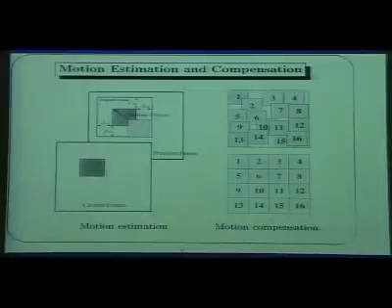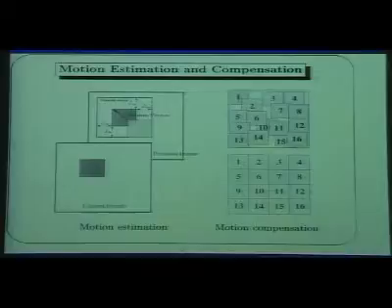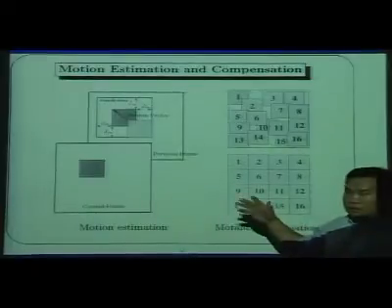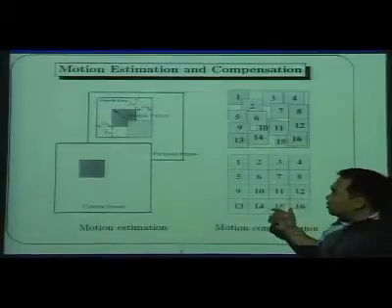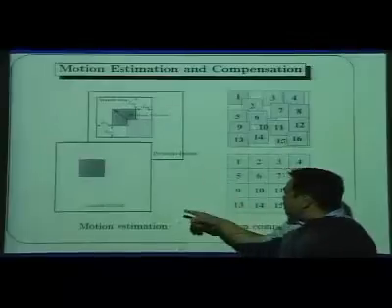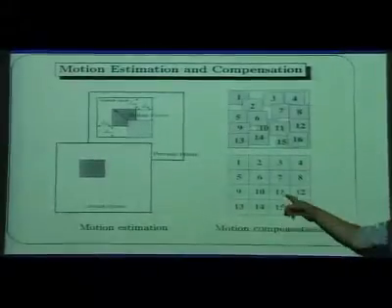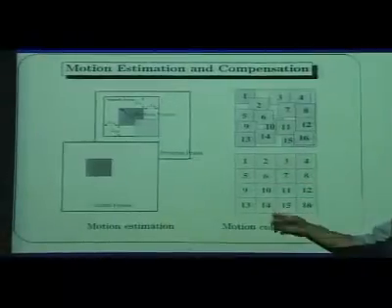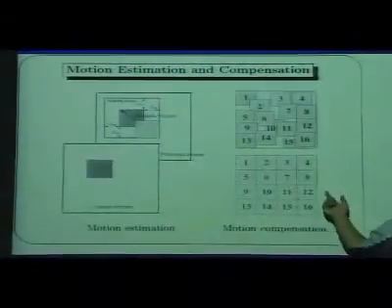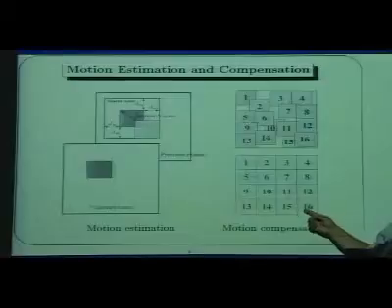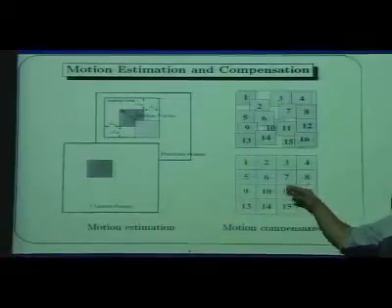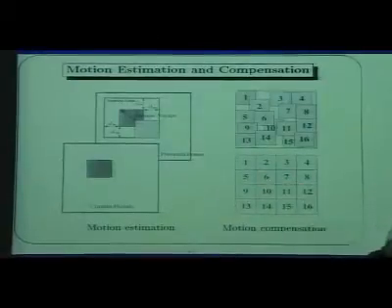So this slide shows motion estimation, how to predict. Right? So here is the way to do that. You take a current frame. We divide the current frame into blocks of size 16 by 16. Here's an example of a 4 by 4 arrangement of blocks, each of size 16 by 16.